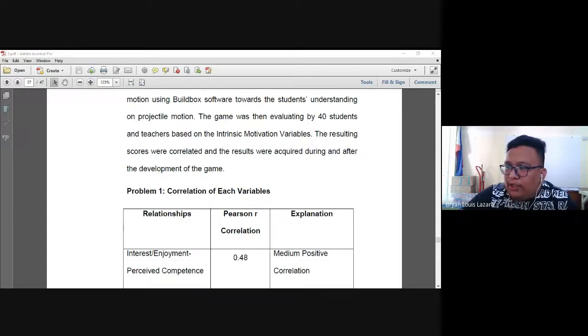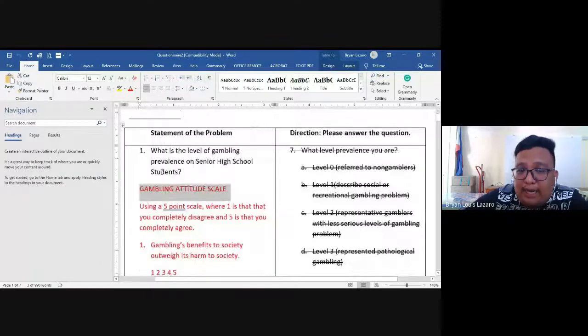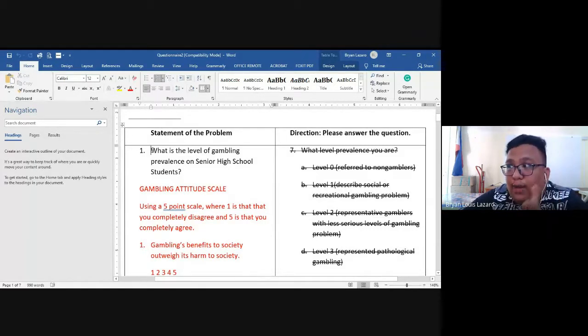Let me share my screen. Halimbawa ito. Ayan o. Di ba? Pinalagay ko yung statement of the problem nyo dito. So, ibig sabihin, doon sa chapter 3 ninyo, ang una kong makikita is yung problem number 1, nakastate to.